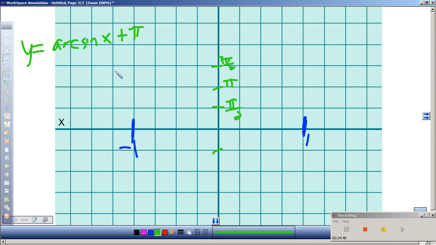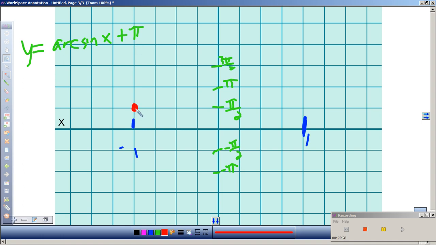So arc sine of negative 1, it is 3 pi half, but what would be the one we want? Negative pi half. So arc sine of negative 1 would be negative pi half. However, it's shifted up pi units. What's negative pi half plus pi, up?